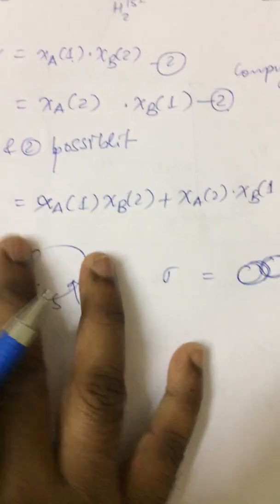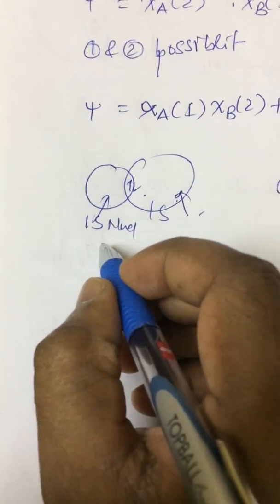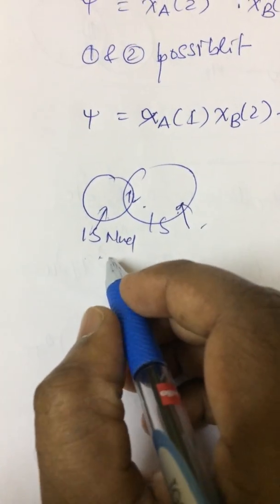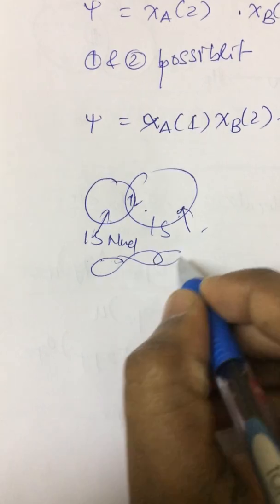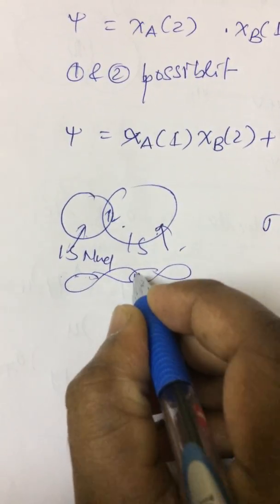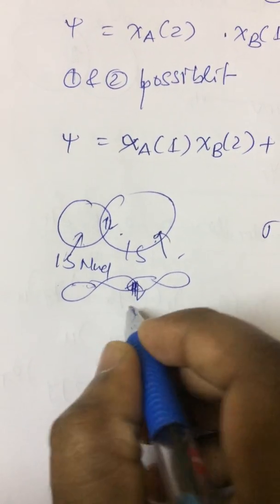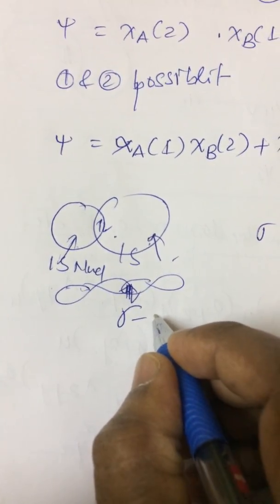Another way is overlapping of p orbitals head-on, sharing of these electrons, which also forms a sigma bond.